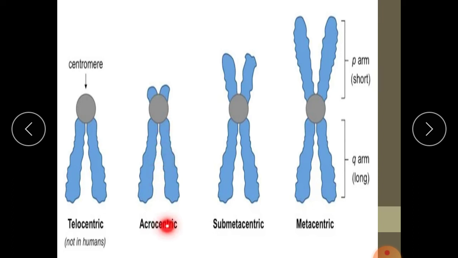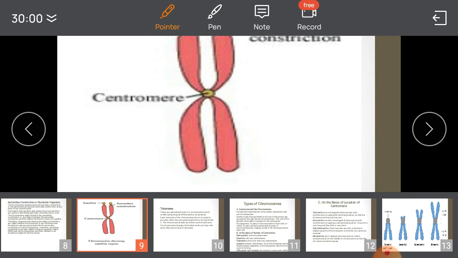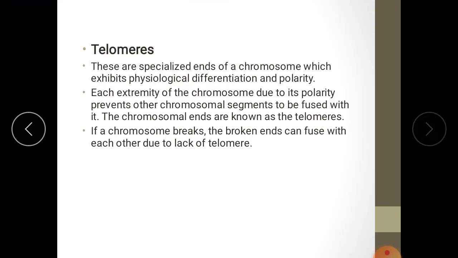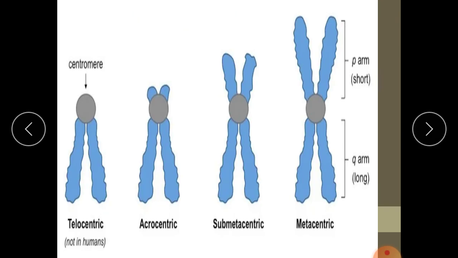Acron means tip. The centromere is moving towards one tip of the chromosome. So these are two chromatids, sister chromatids.